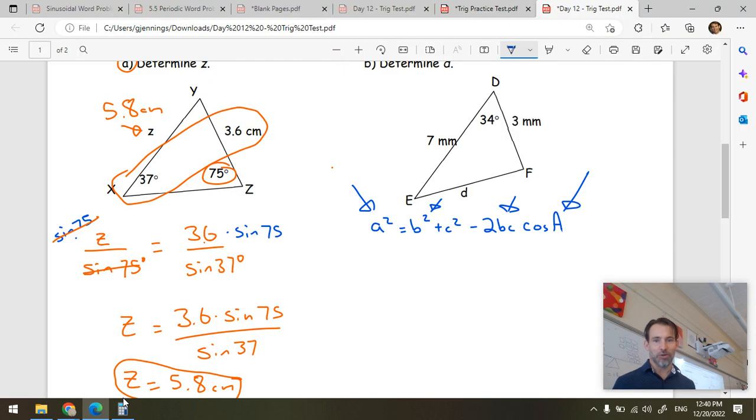Let's go. So let's set it up in a useful way. D squared, that's this little one here, and we're going to be taking the cosine of D at the end.